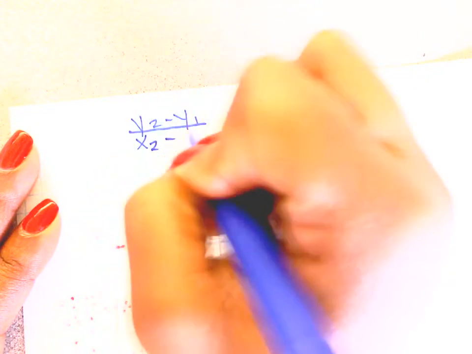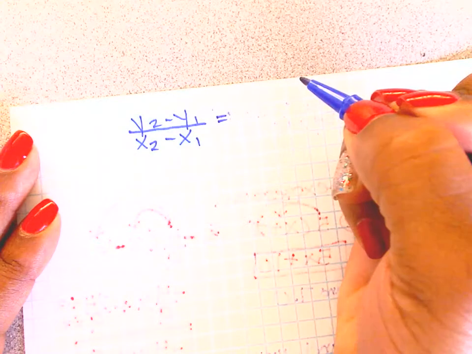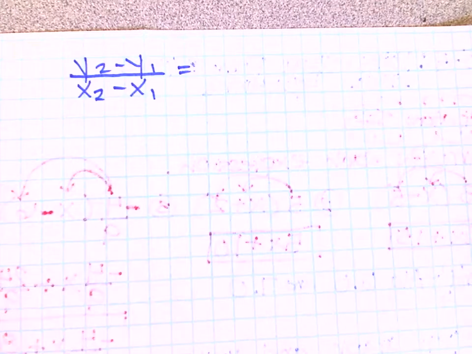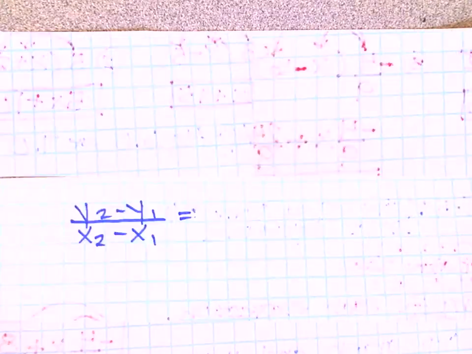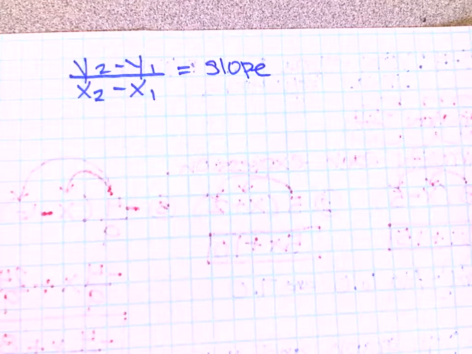So I'm going to turn this paper over. So my equation again is y2 minus y1 over x2 minus x1 equals what our slope is going to be. Go ahead and write that.